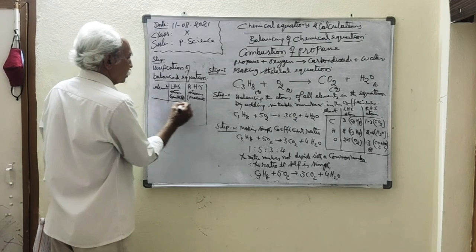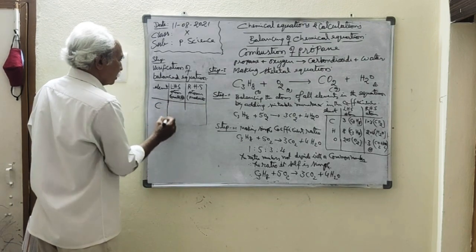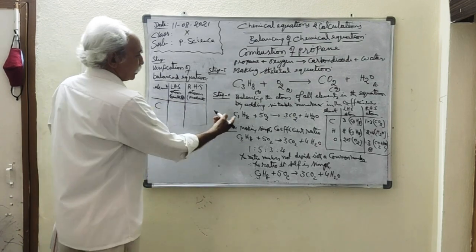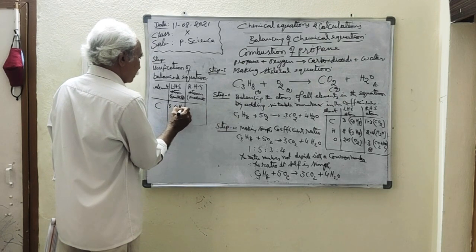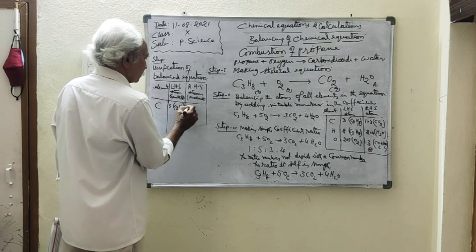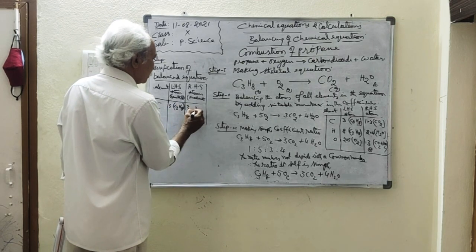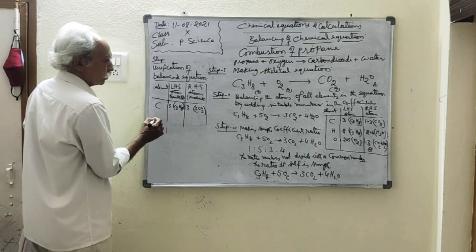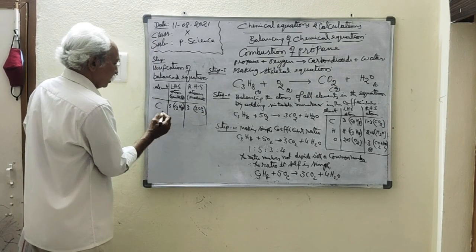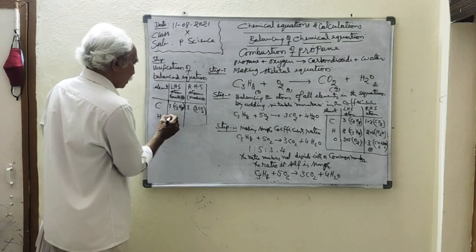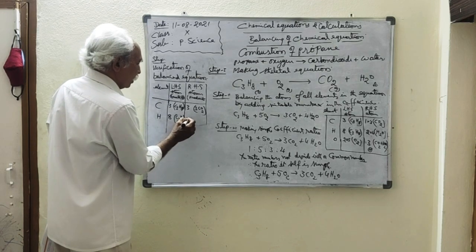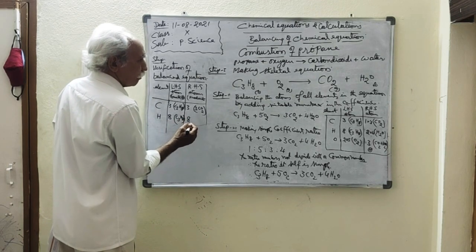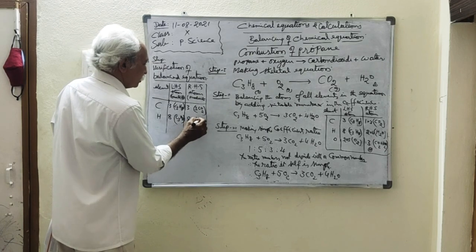So we can write here, first one is carbon. In reactants there are 3 carbon atoms, C3H8. From 3CO2 we got 3 carbon atoms. Next one is hydrogen. Here 8 atoms are present from C3H8. Here 8 atoms are present from 4H2O.